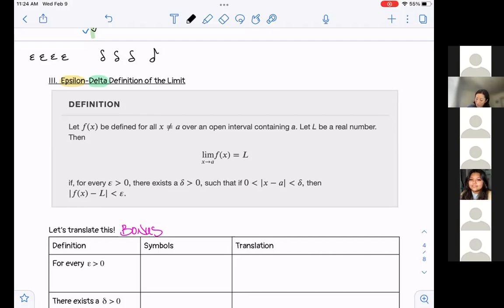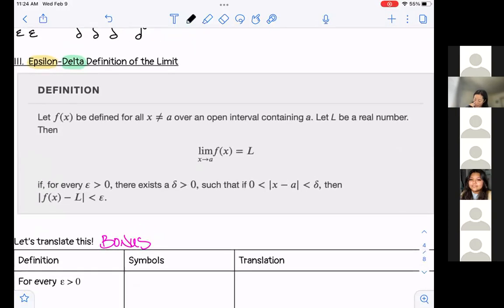So our definition says: let f of x be defined for all x not equal to a, all right, over an open interval containing a. So we're going to have some sort of open interval where we'll have an x value and then another x value.